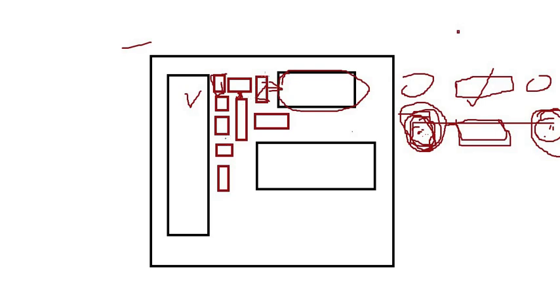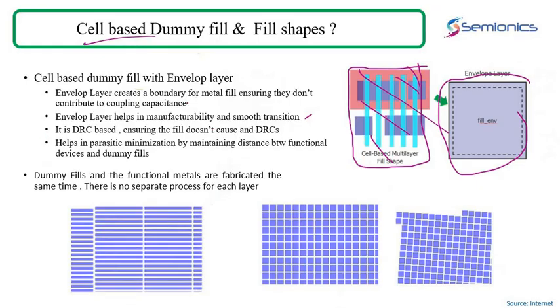We know that fill does contribute, but the tool is smart enough that whenever it places this envelope related standard cell kind of filler cells, it places them sufficiently distant apart that it does not contribute much towards the coupling capacitance of the design. Okay, this is one such thing I would like to highlight when it comes to the envelope layer. And as I said, it is DRC aware fill.